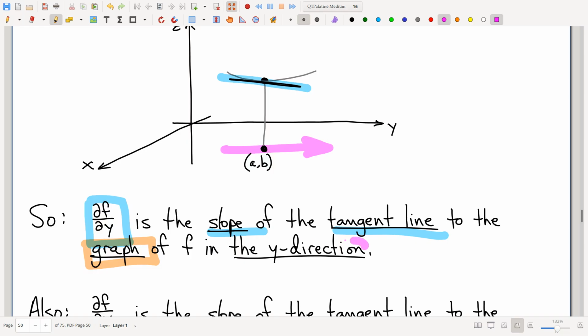And we, very importantly, are going in the y direction. And so it is the tangent line in the y direction that we have to be interested in. There's lots of other tangent lines. This is the one that we care about.